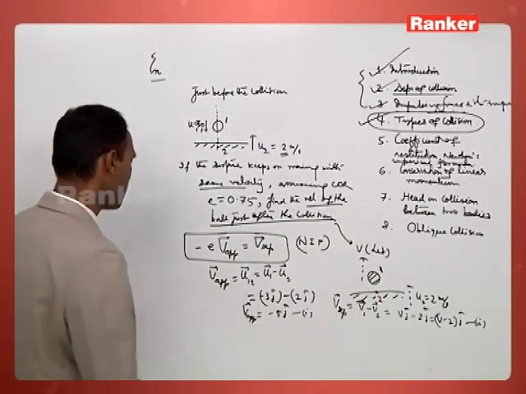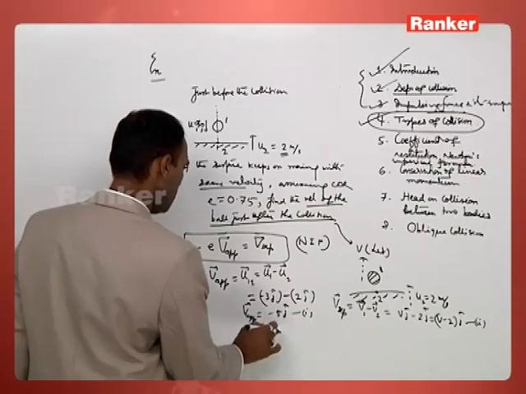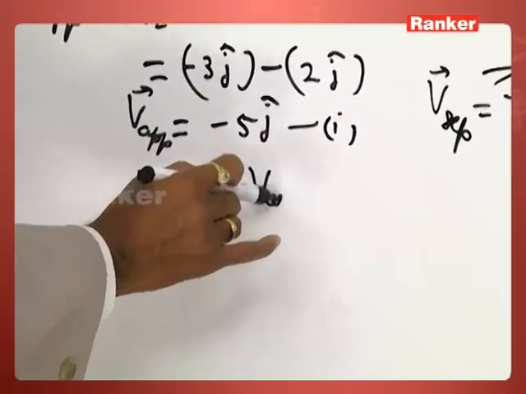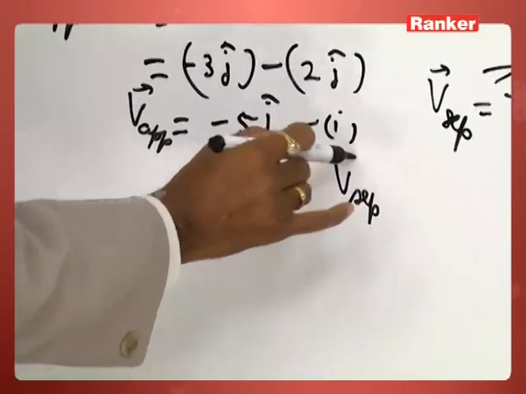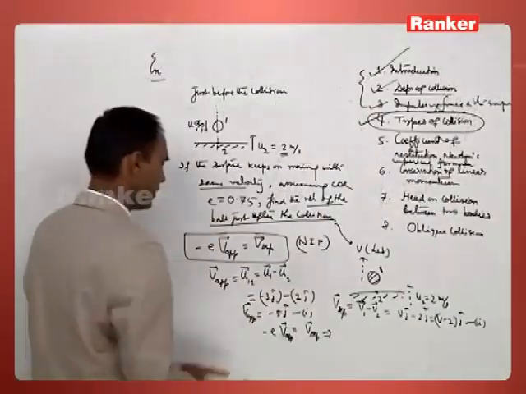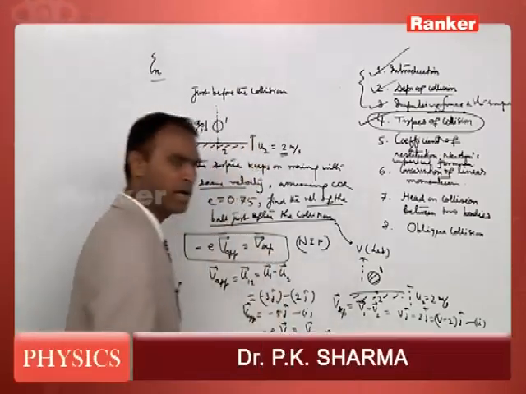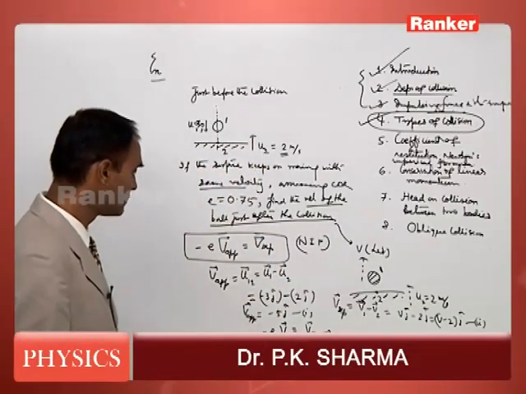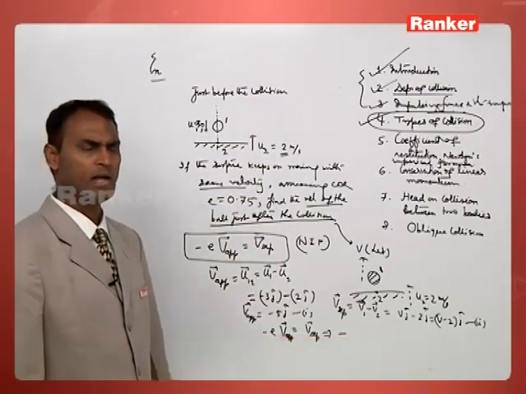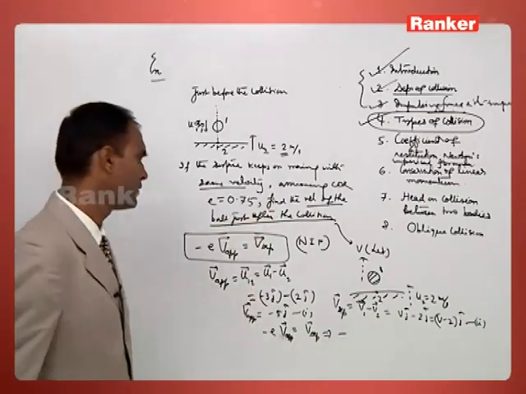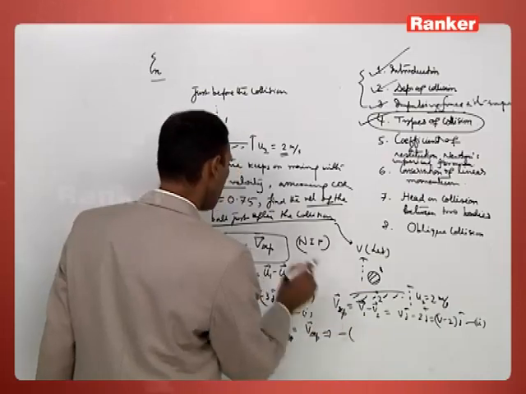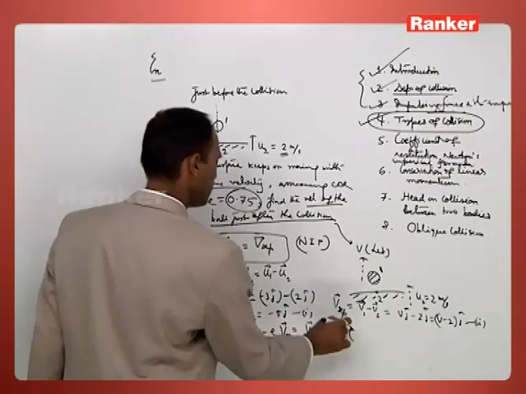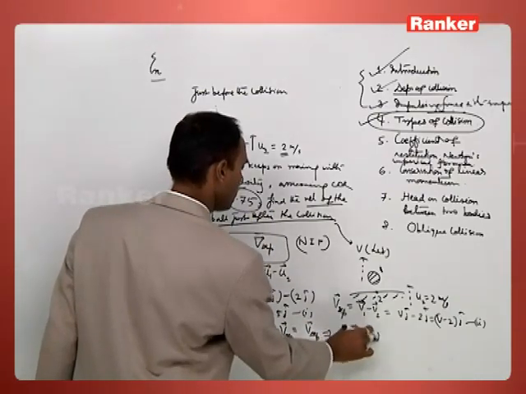Apply Newton's empirical formula: minus e into the velocity of approach is equal to the velocity of separation. The minus sign signifies that the approach velocity and separation velocity are oppositely directed. The value of the coefficient of restitution is given, 0.75.